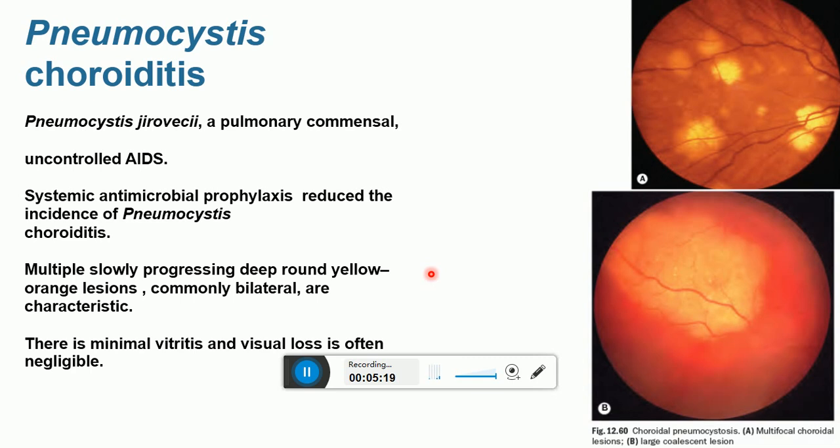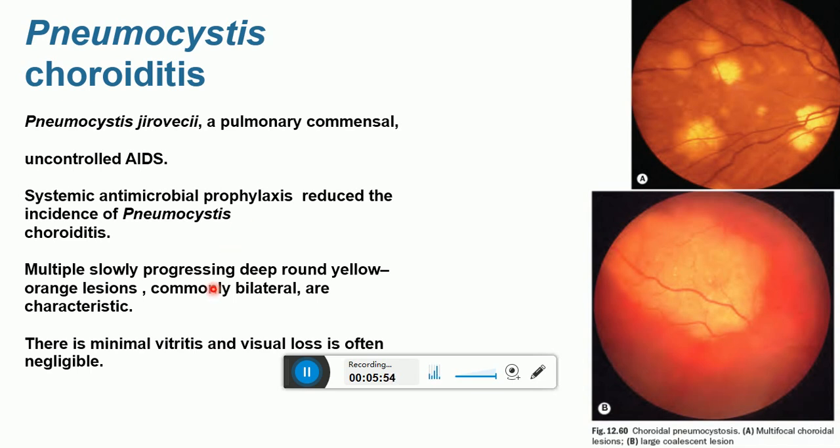Now, Pneumocystis choroiditis. The fungus Pneumocystis jirovecii is a pulmonary commensal. It is a major cause of mortality in uncontrolled AIDS. Systemic antimicrobial prophylaxis has replaced pulmonary-only preventive treatment with inhaled pentamidine, and along with immune reconstitution has dramatically reduced the incidence of Pneumocystis choroiditis.